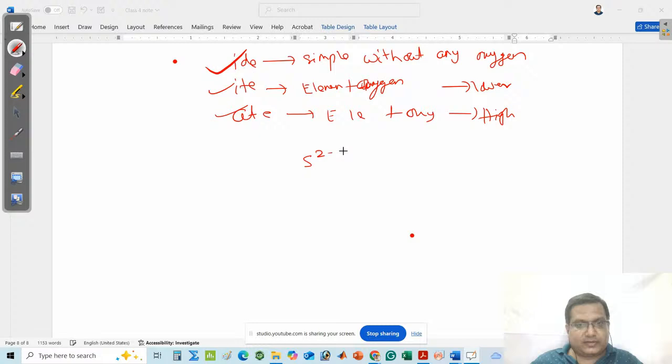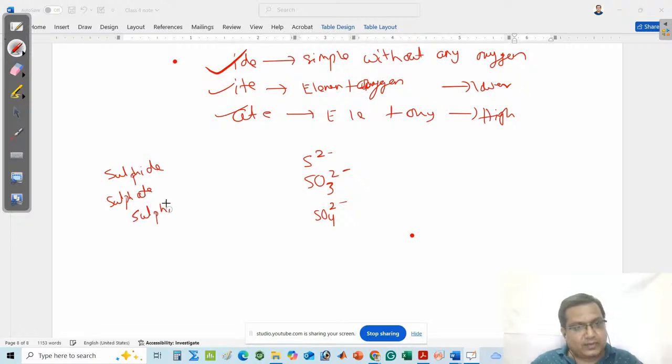S2 minus, SO3 2 minus, next is your SO4 2 minus. One is a sulfide, another is your sulfate, next is your sulfite. Then tell me which belongs.